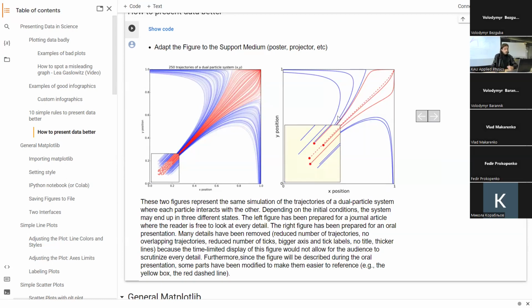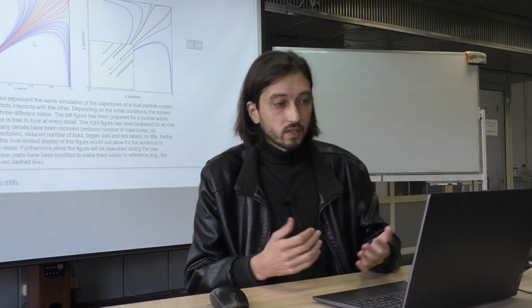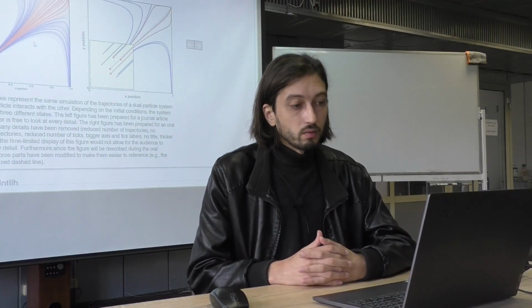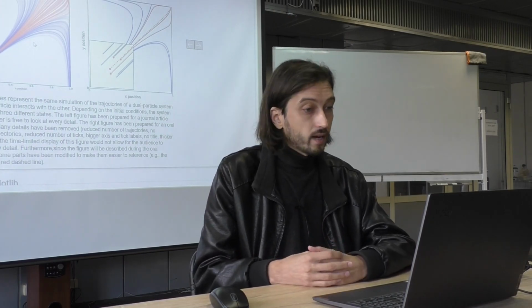But if you are presenting with some sort of projector, so you are doing some sort of presentation, this plot will be barely seen. It's really not as clear as you may want. You can't see clearly all the lines and so on.